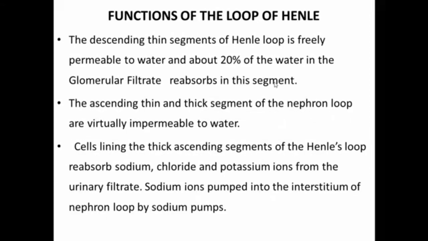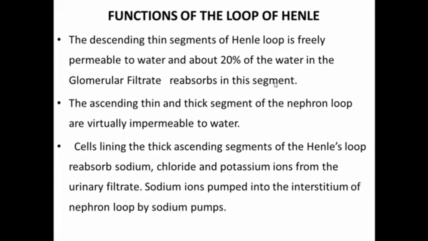Regarding the functions of the loop of Henle, I have already told you that the descending thin segment of the loop of Henle is freely permeable to water, and about 20% of the water in the glomerular filtrate is reabsorbed in this segment. The ascending thin and thick segments of the nephron loop are virtually impermeable to water.